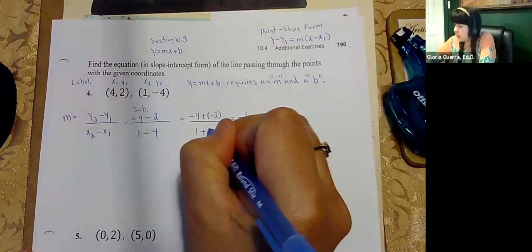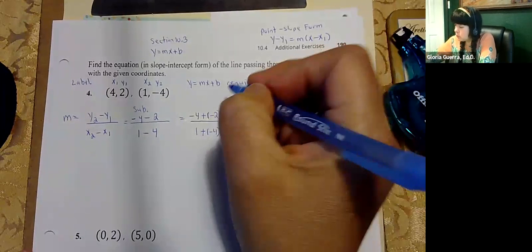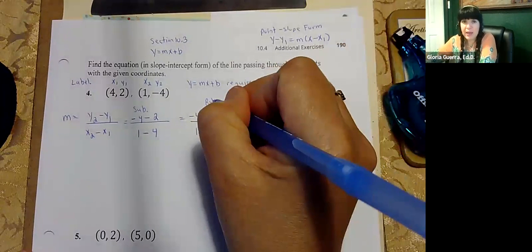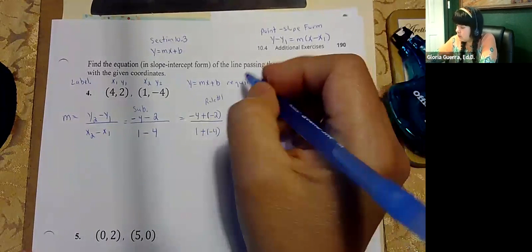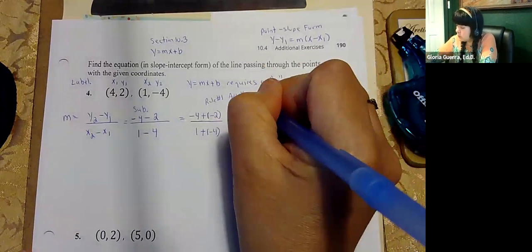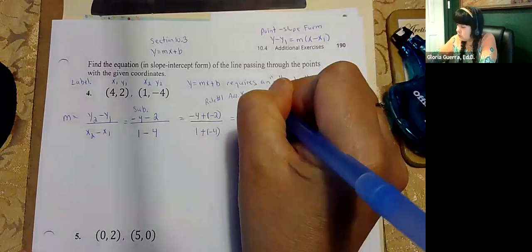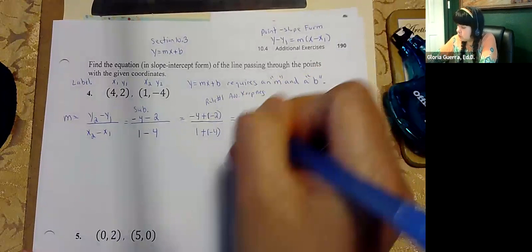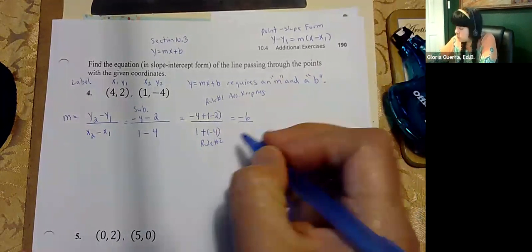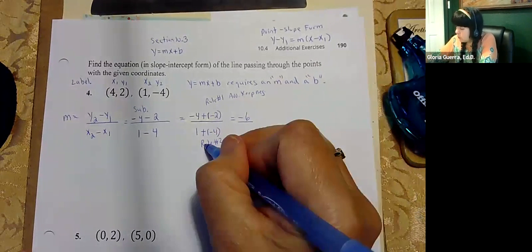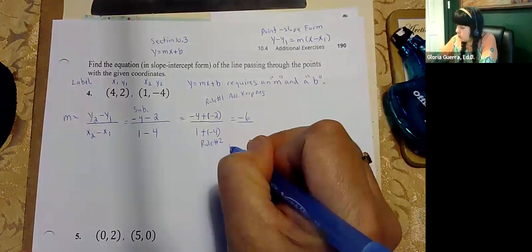The top part was in your sign rules, that was rule 1: just add and keep the negative sign. This down here is rule number 2. You want to subtract. 4 take away 1 is 3.